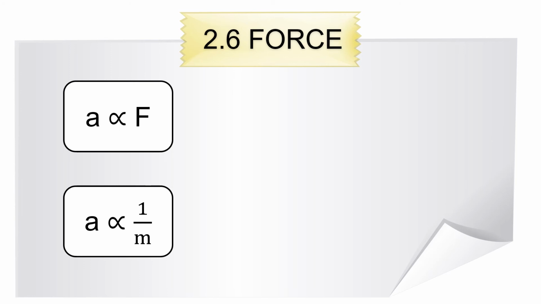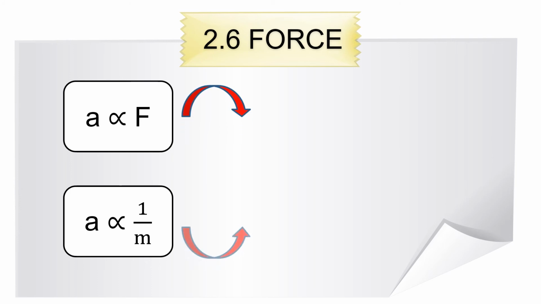These are the simple connections between acceleration, force, and mass. From the first box, acceleration is directly proportional to the applied force. Then, from the second box, acceleration is inversely proportional to mass.